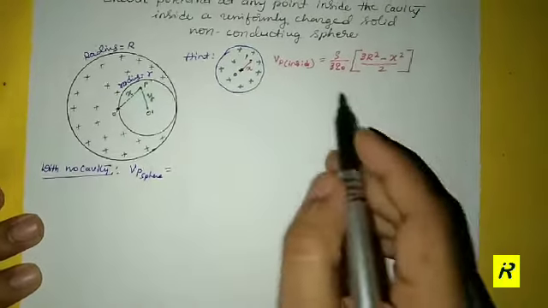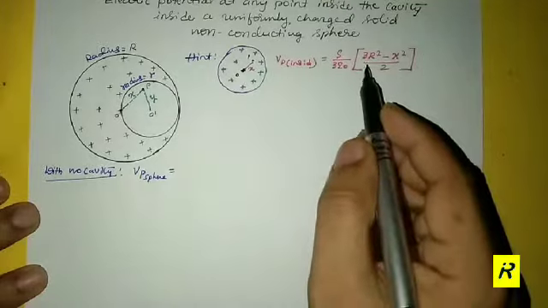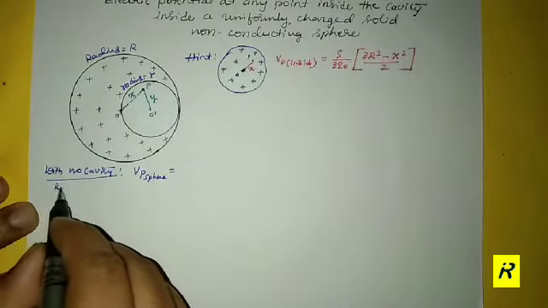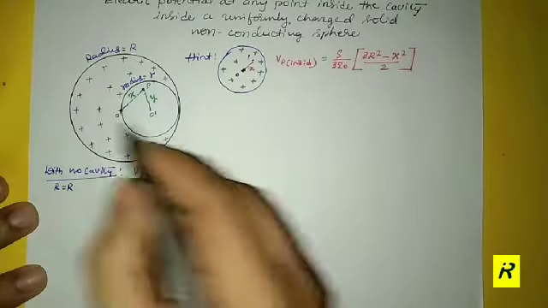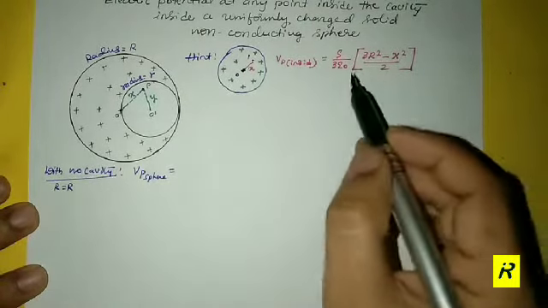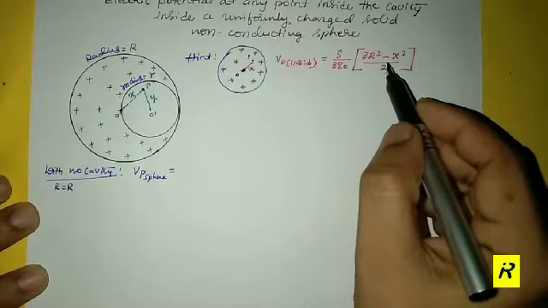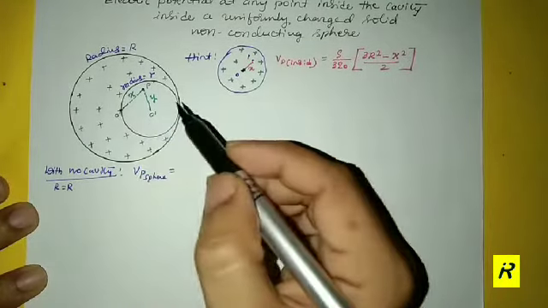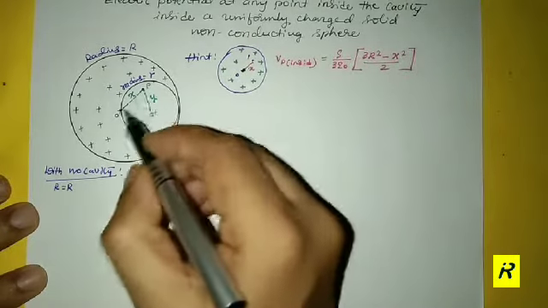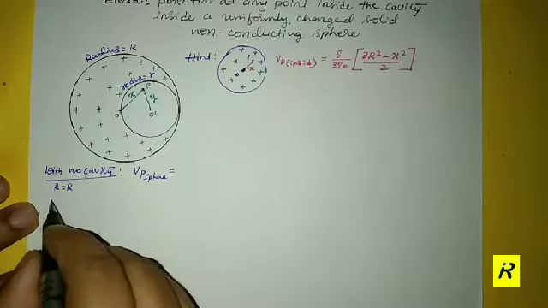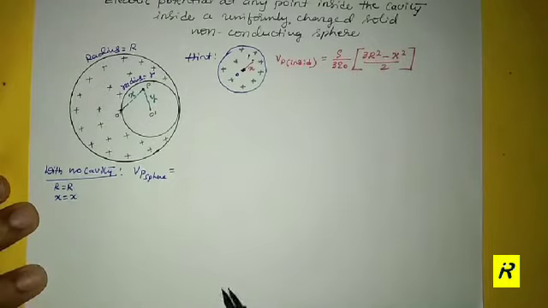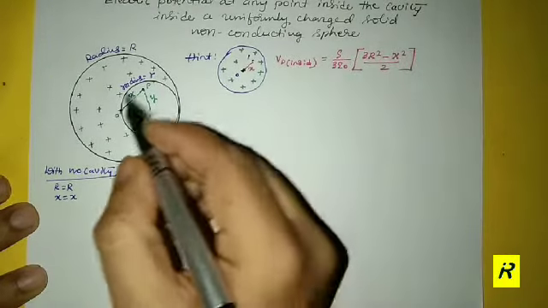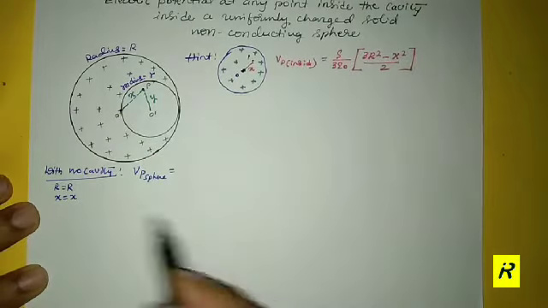In this equation we have to make substitutions: R is nothing but the radius of the bigger sphere, so R equals R. In place of x we put the value x. The small r is not used in this situation, let it be.